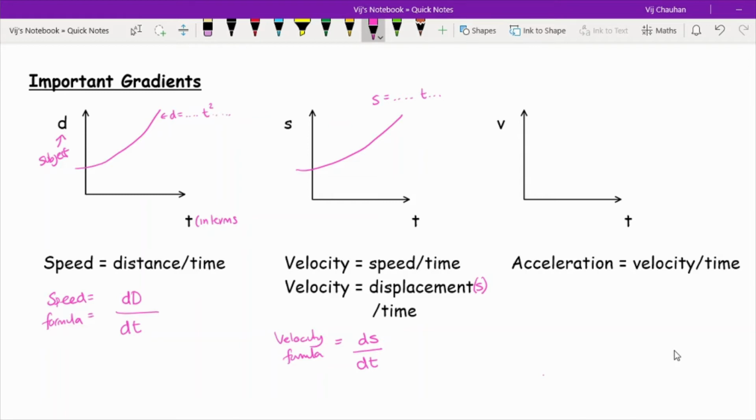And likewise, if I had acceleration, with v equals something in terms of t, the acceleration formula would be dv over dt, because I'm looking at the rate of change of v with respect to t.